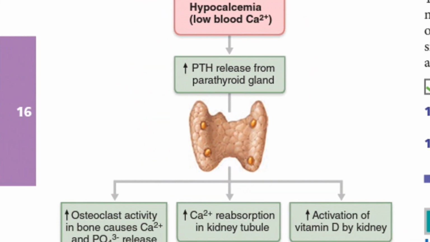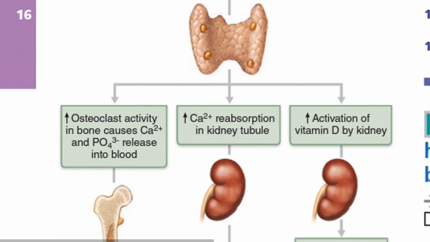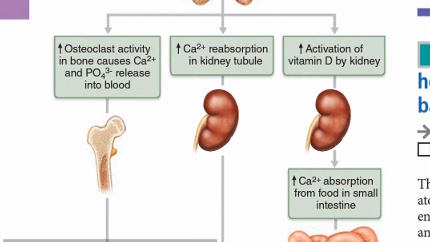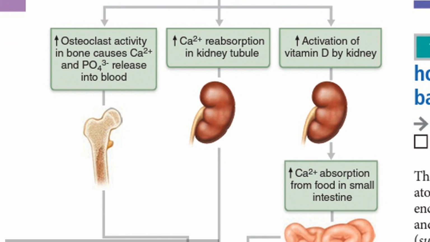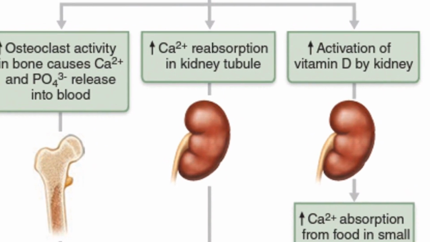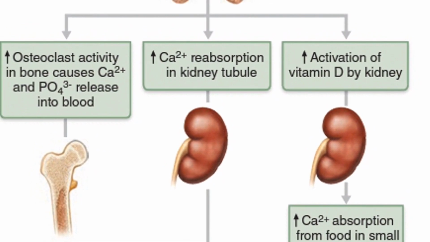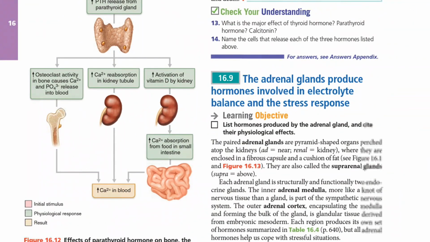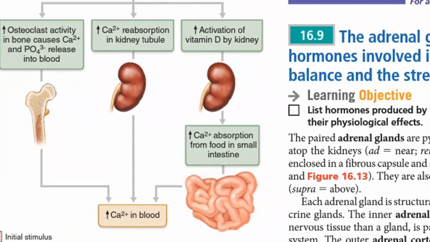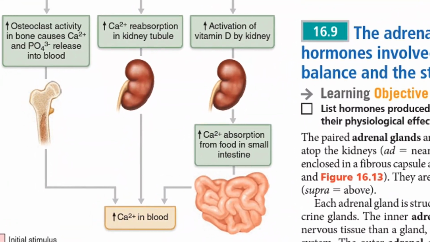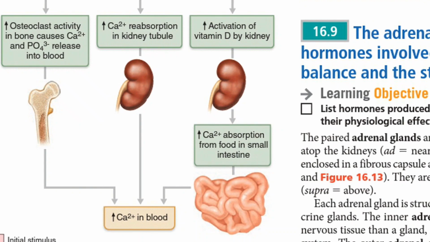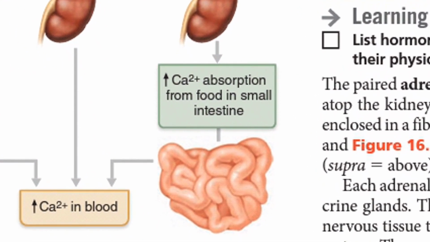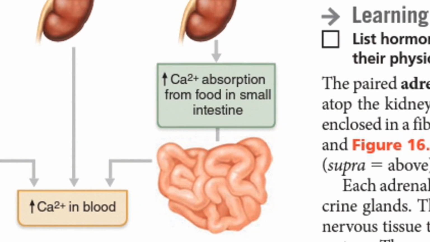Now PTH affects the kidney, so the kidney reabsorbs Ca2+ from the renal tubule. Second, inactive vitamin D is converted into active vitamin D3. Active vitamin D3 helps the small intestine to absorb more Ca2+ from the food.